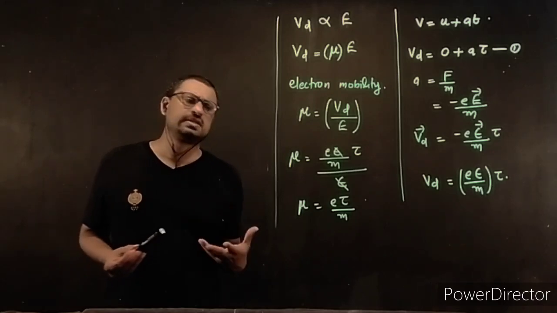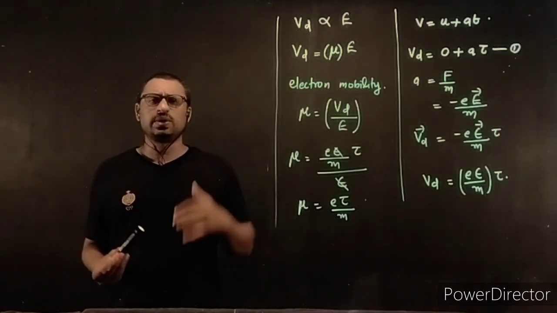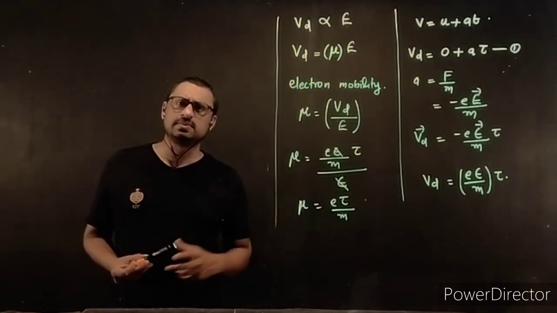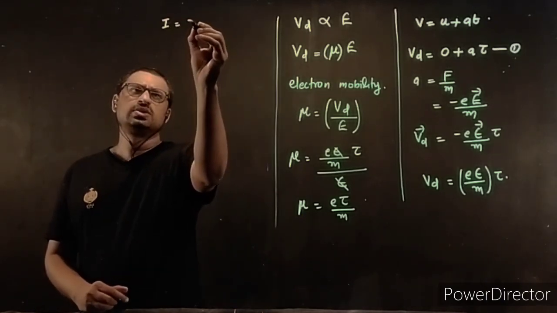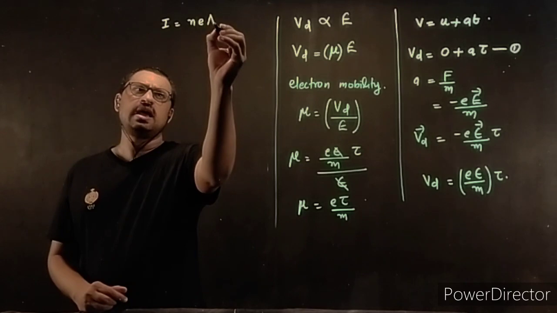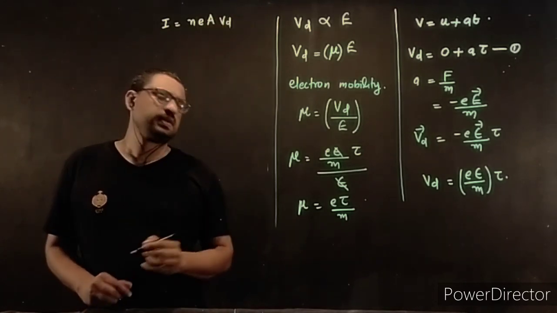Now let's see how the equation for current can be expressed in terms of mobility. I told you I equals nAe Vd.